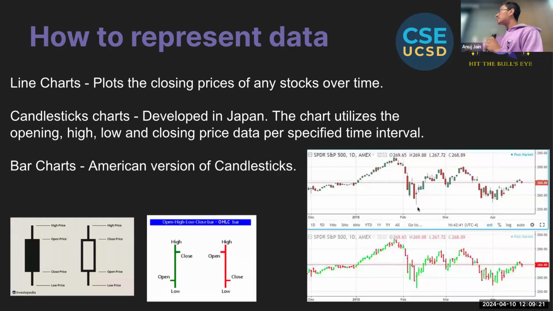Then we have charts. Charts would be mostly three types. Line charts simply indicate your closing prices over time. Candlestick charts give a little more indication through that figure: low price, high price, closing and open price.